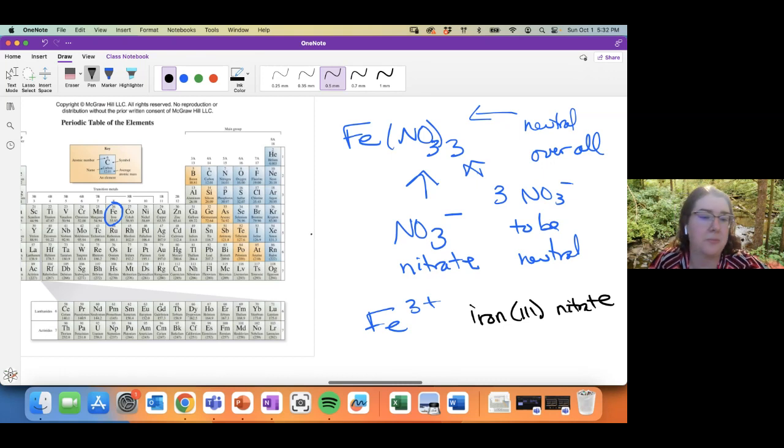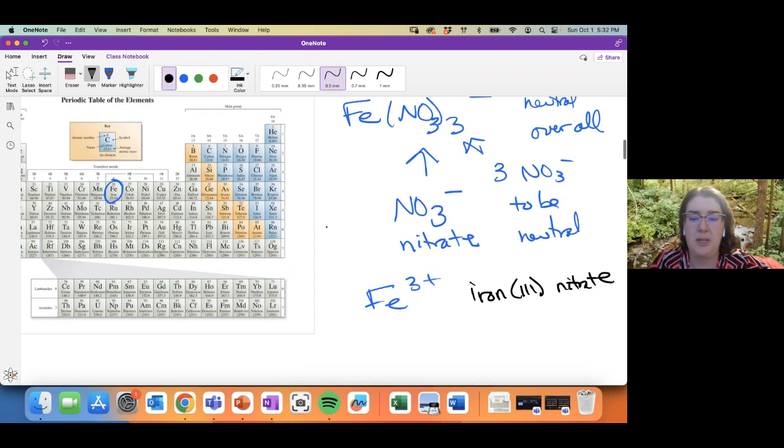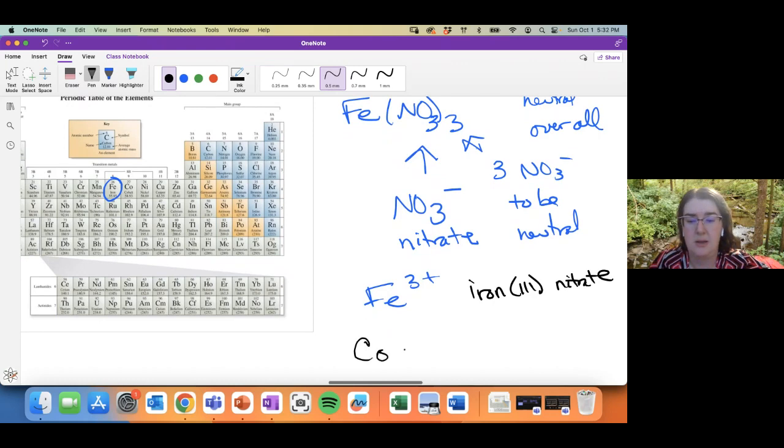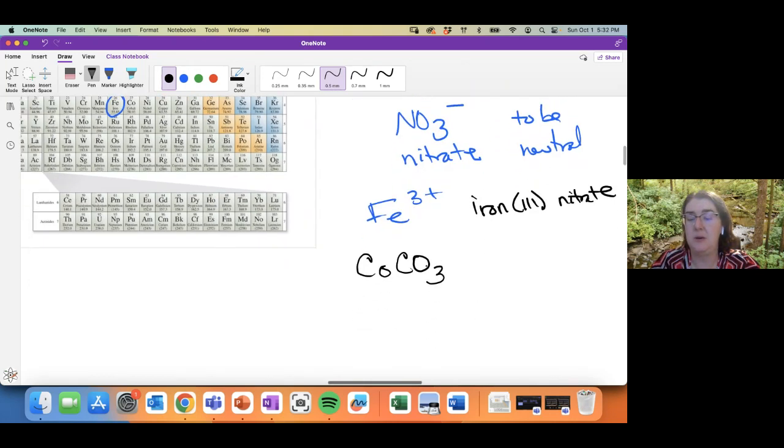This gets a little trickier if we do something like this. Now there's no subscripts except for the one on the oxygen. Same game though. CO3, this thing is carbonate.